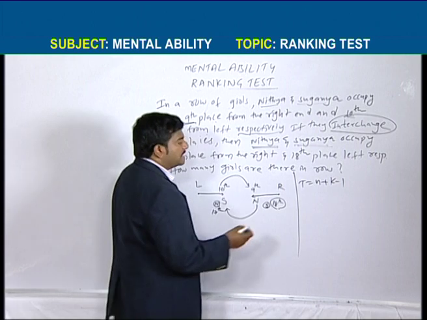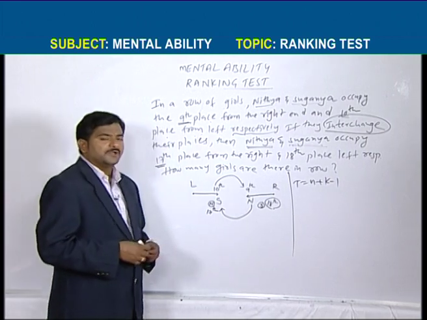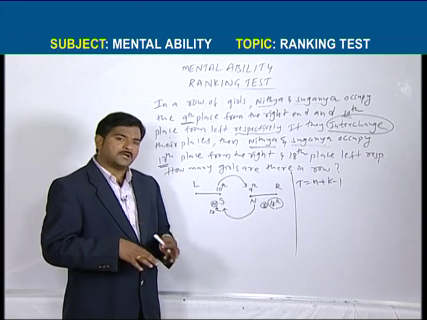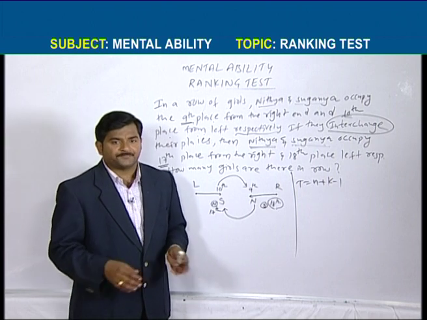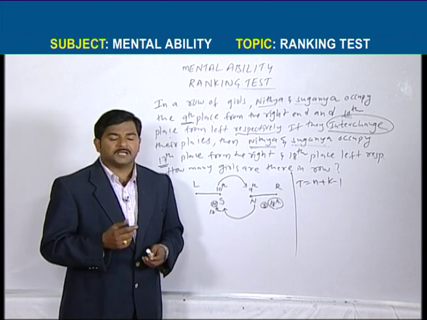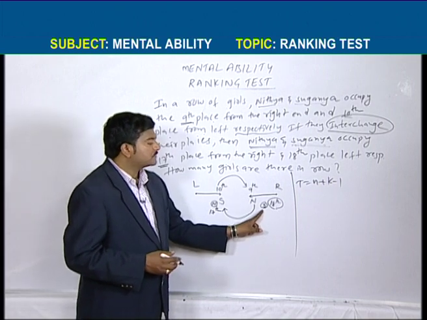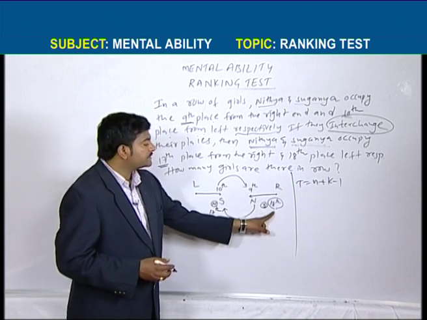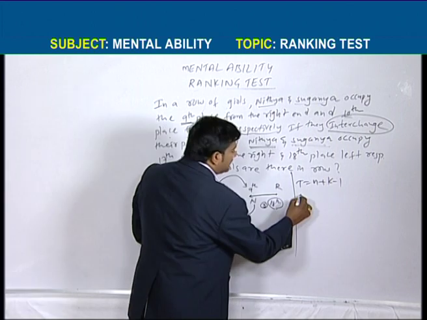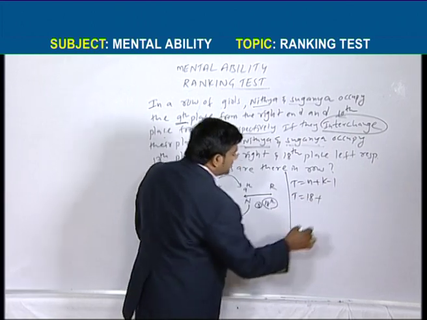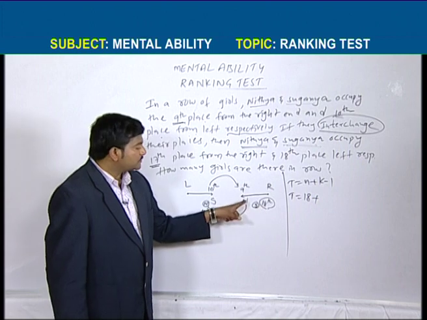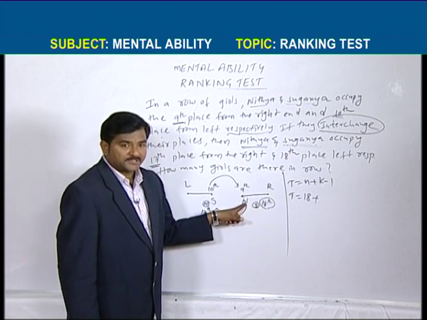So now the formula is T is equal to n plus k minus 1. Use any one girl's position from both sides. However, there is no change in the answer. Preferably Suganya's position. Suganya is in which position? 18th position from left. Suganya occupies Nitya's position.